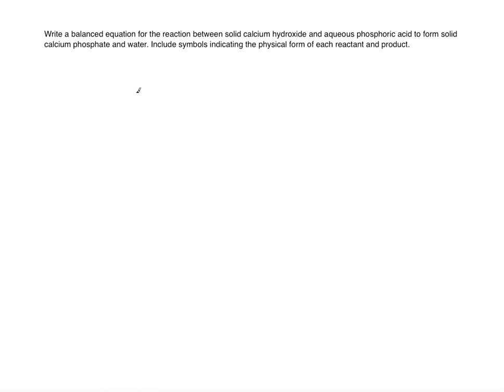Okay, so calcium hydroxide, right? Calcium hydroxide consists of calcium ion with a positive 2 charge and hydroxide ion with 1 negative charge.